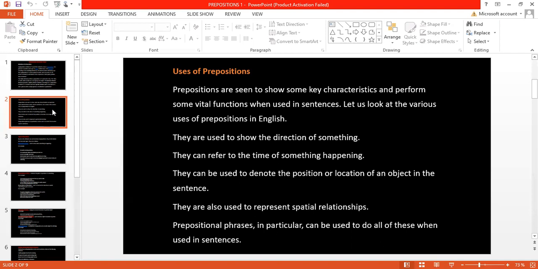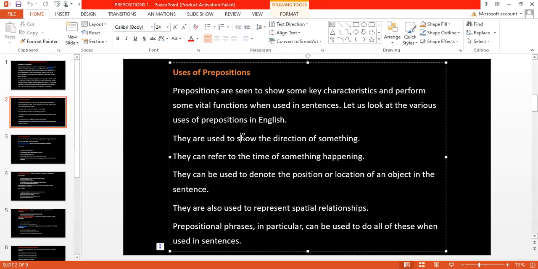One, they are used to show the direction of something. So we have prepositions that show you the direction of something, all right? They can refer to the time of something happening.